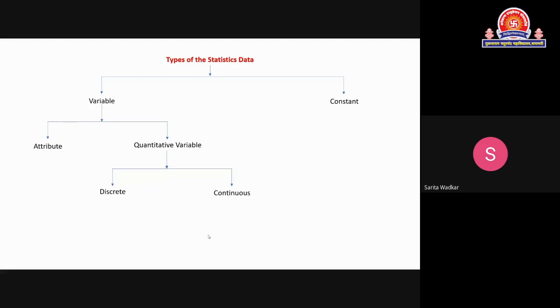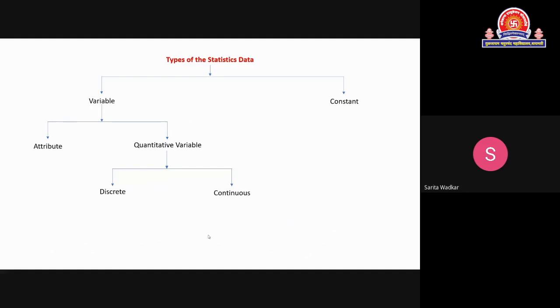For example, the number of accidents on a particular highway, we can count it in numbers. Second is the number of defectives in a lot, which we can also count. Next is the number of mistakes per page, and so on. You can count the change in your pocket or money in your bank account. This type of example comes under discrete variables.